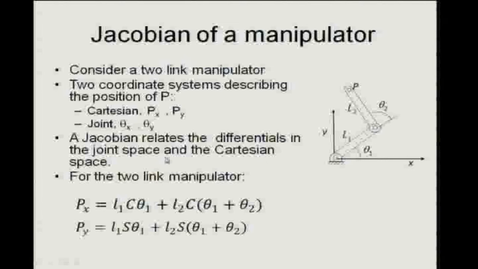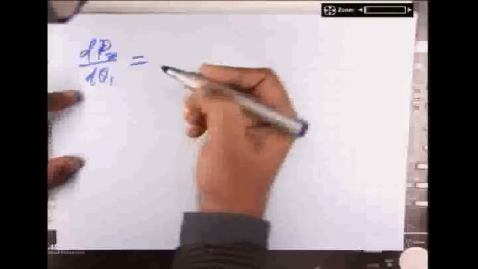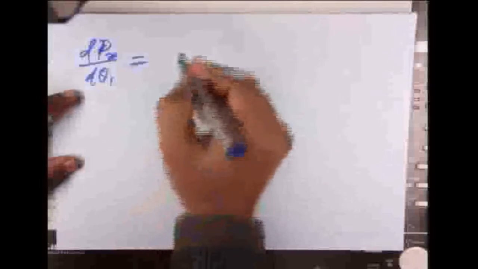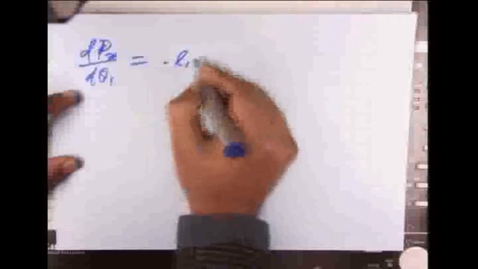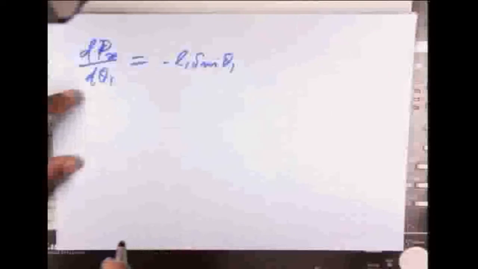It's a very old mathematical tool. Okay. So for the tooling manipulator, we first write the position equations, and to get the Jacobians we can simply find out dpx upon dt. dpx upon d theta 1 will be minus L1 sin theta 1.